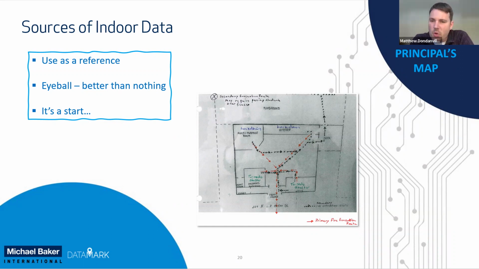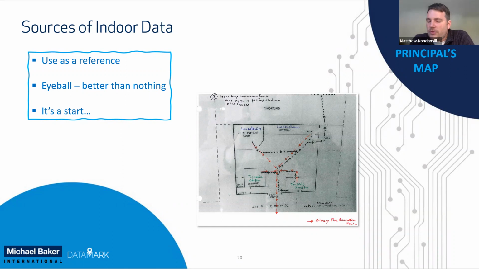And for situational awareness, or for some general awareness, especially in emergency response and public safety, things called principles maps or just even napkin sketches are a start. Getting the awareness of where you need to enter the building. Is the gym on the northeast side or the south side if someone at the basketball game has an emergency?